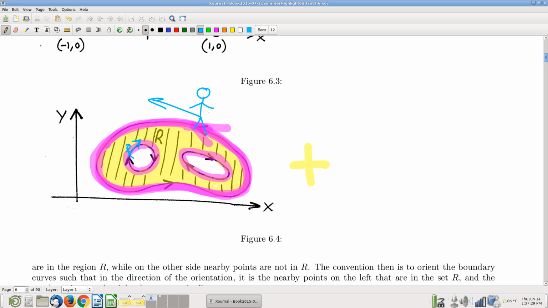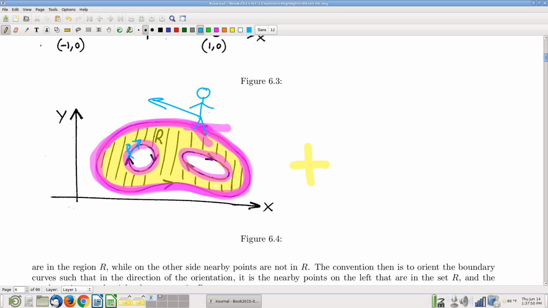Any questions about that? A nice, easy way to remember this is, as long as your region doesn't have any holes in it, as long as your region is simple, just a lump, then yeah, it's counterclockwise.